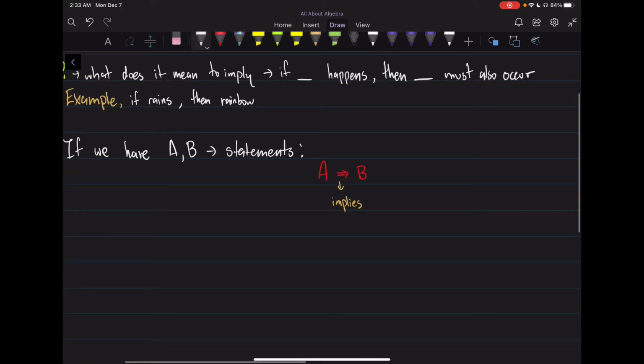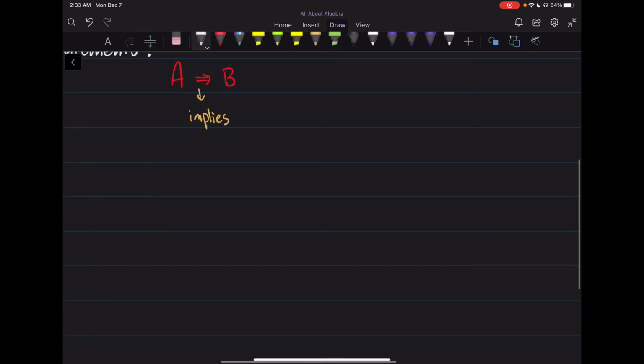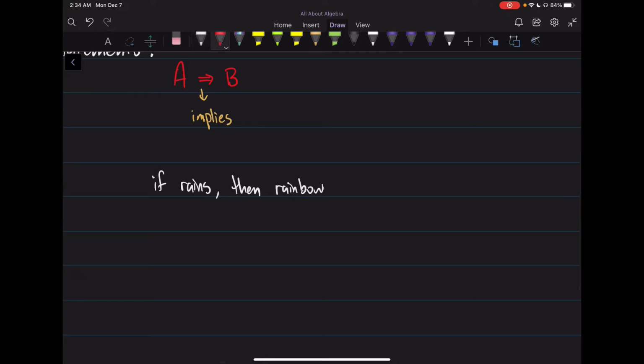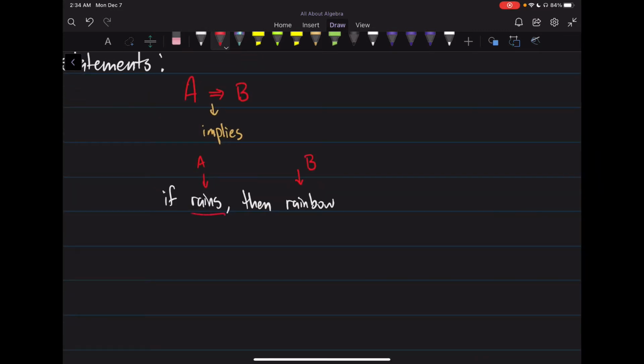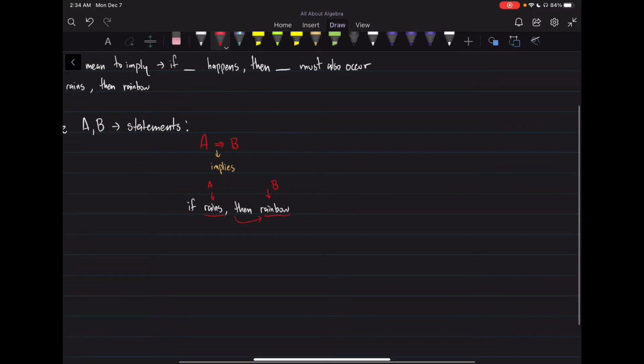So again, going back to our example, which is if it rains, then rainbow, we know that this part is A and this part is B. And then, because we're saying that if A occurs, then we're implying that B occurs, right? I hope that makes sense.